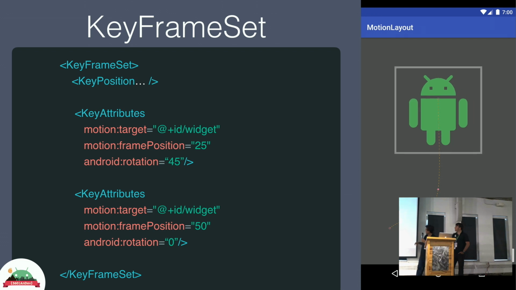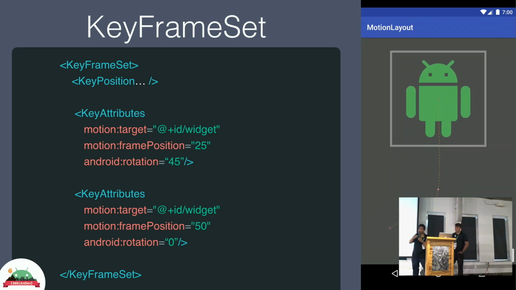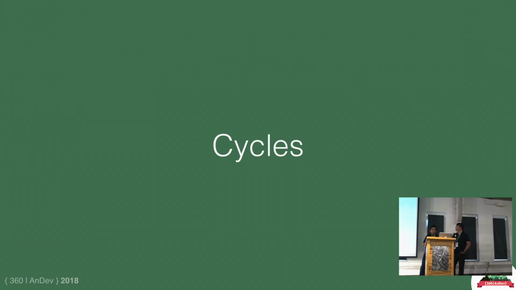So the interaction will then rotate 45 degrees during this first part of the animation, and then go back to 0. So you can control very detailed. Now, there are a lot of attributes, including custom attributes. So you can do this with any custom attribute as well as colors and the width and height and anything like that in the system.